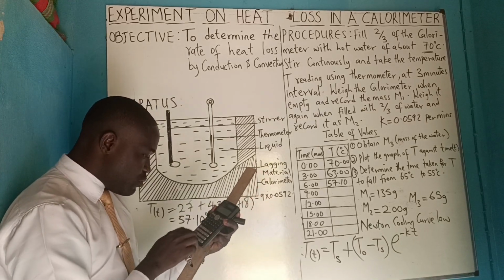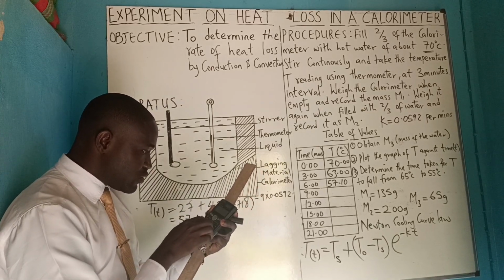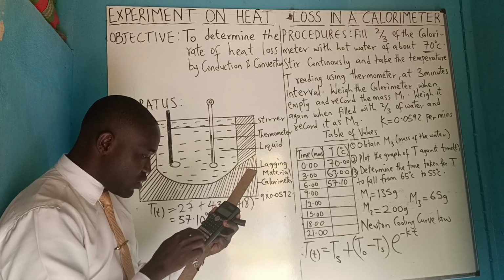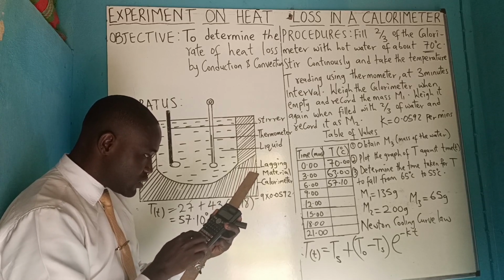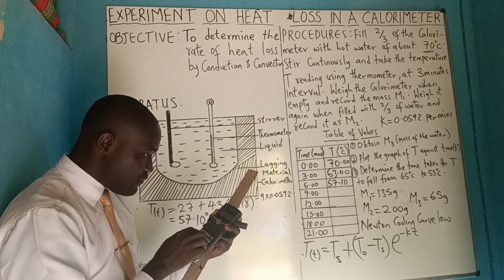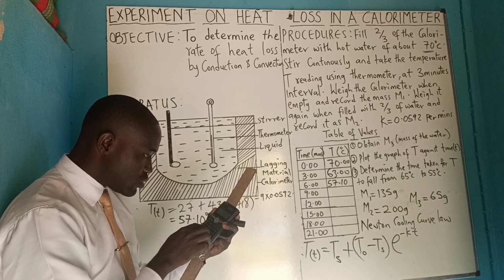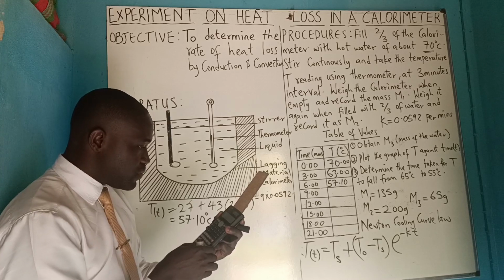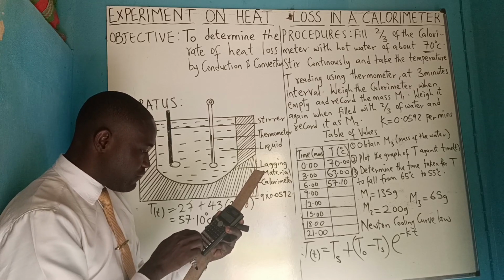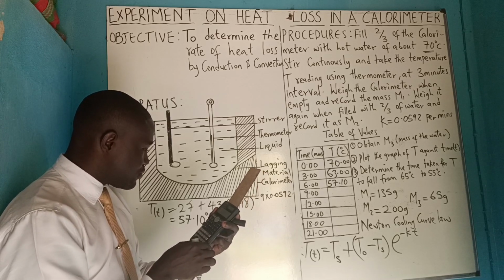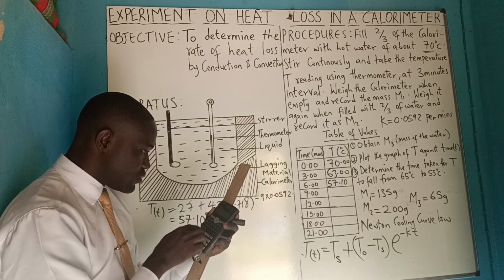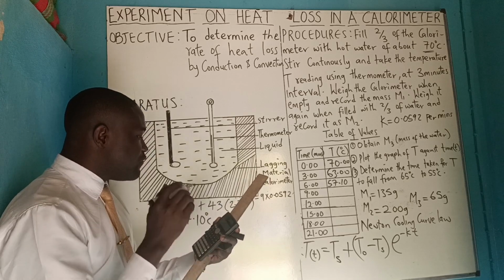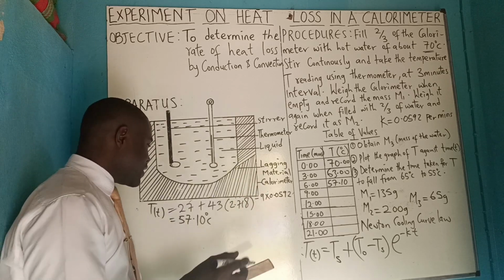You just say 2.718 raised to the power of bracket minus 9 times 0.0592, times 43, plus 27. You will be having 52.2 degrees.